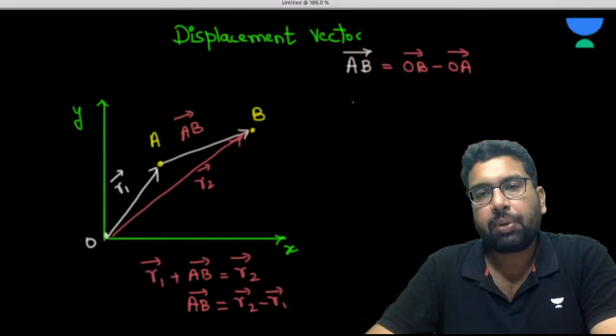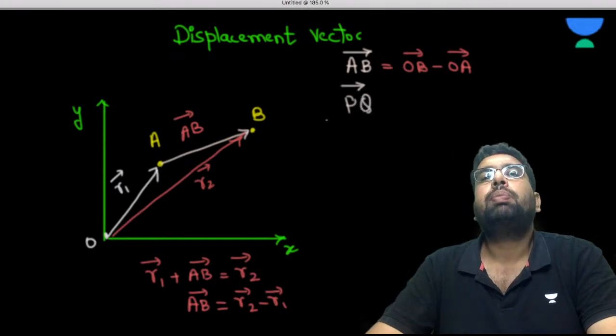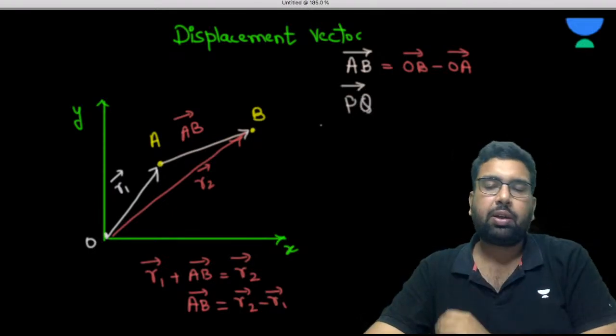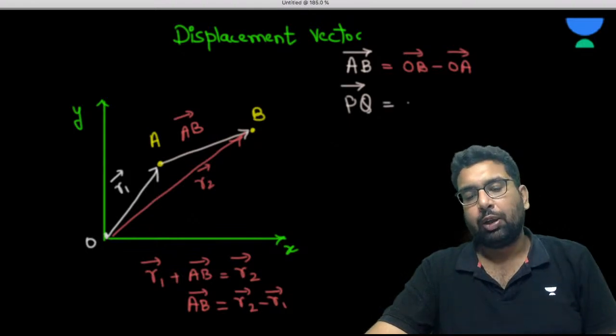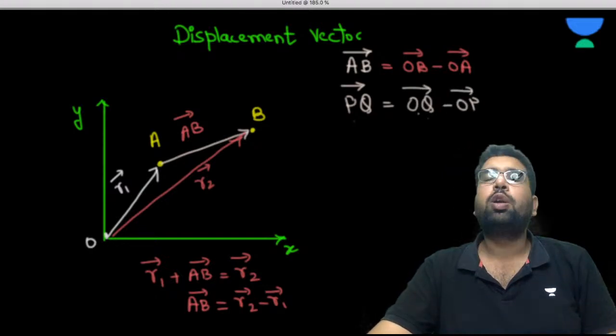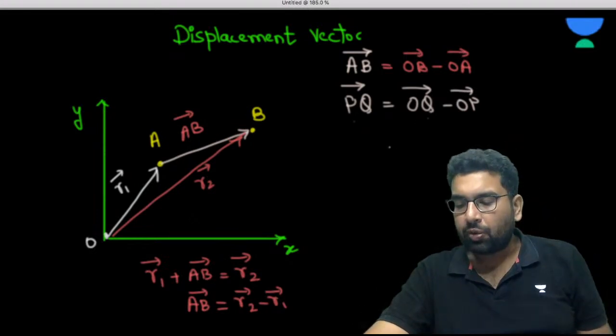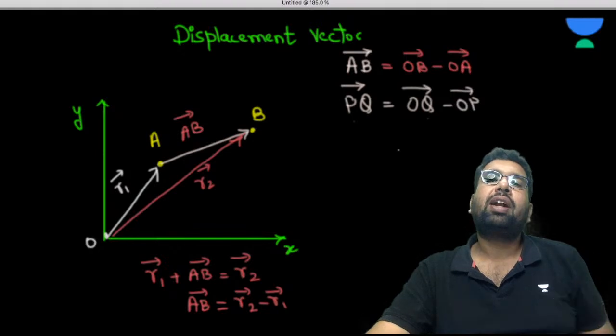Understood? Now, for example, if some vector is written like PQ, let's suppose you need to find the displacement vector between 2 points P and Q. So how are you going to write it? See, final point will come first, initial point will come second. So OQ is what? It is the position vector of Q. You can write it as R2 vector minus R1 vector.